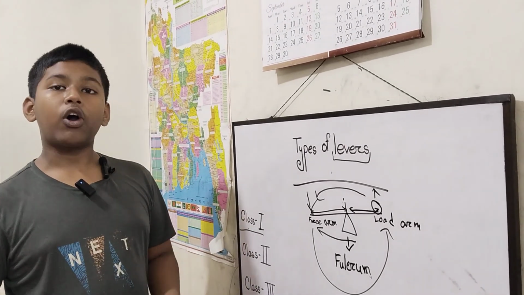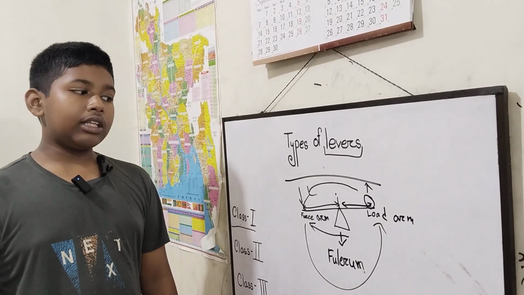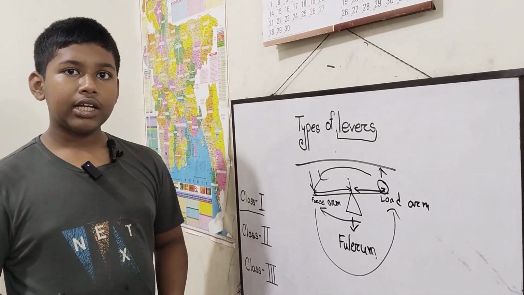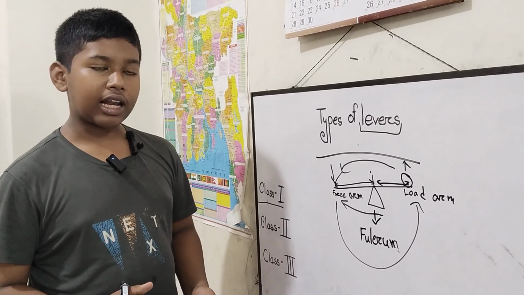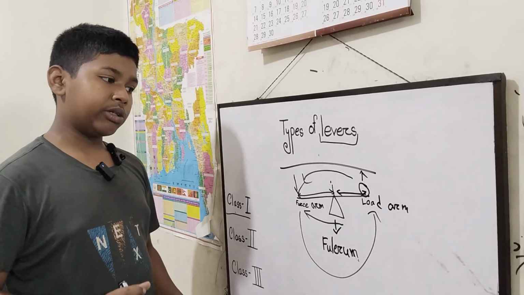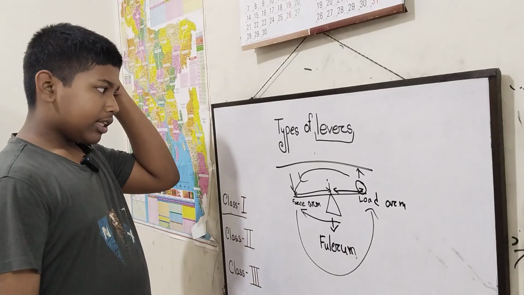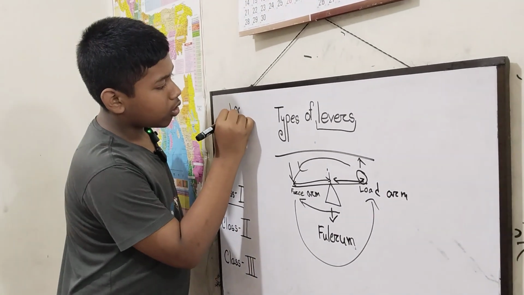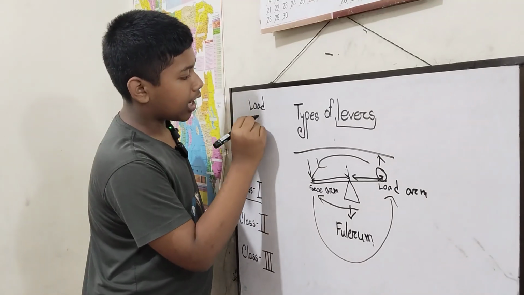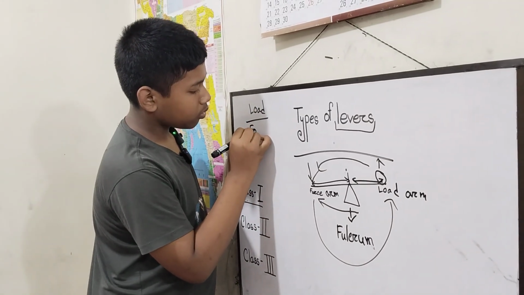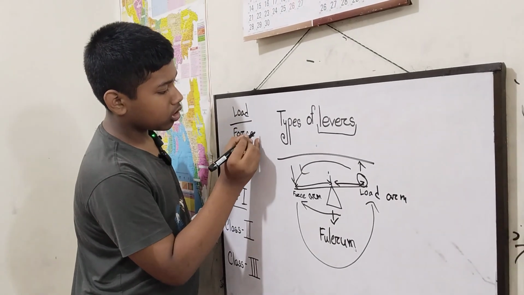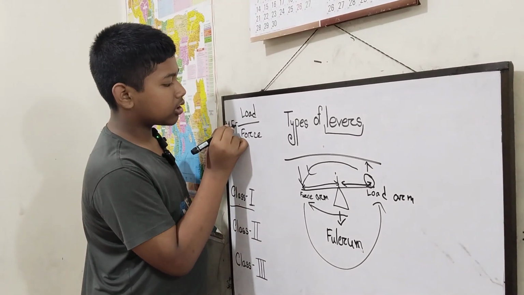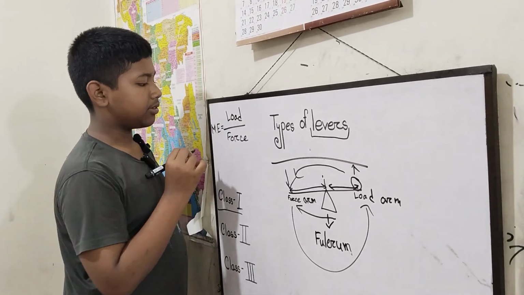Mechanical efficiency. What is mechanical efficiency? Mechanical efficiency is the amount of force that is needed to lift a certain amount of load. So the mechanical efficiency formula is load by force. In short, we'll say it as ME, mechanical efficiency.